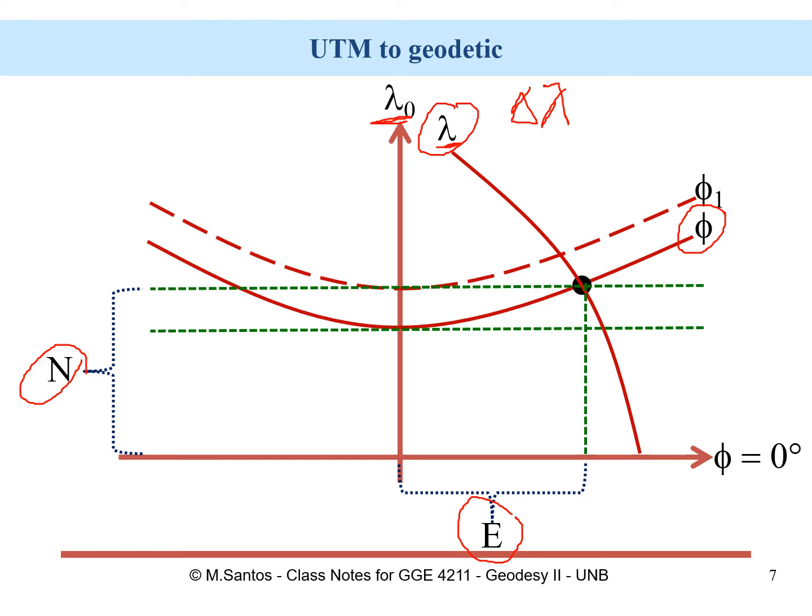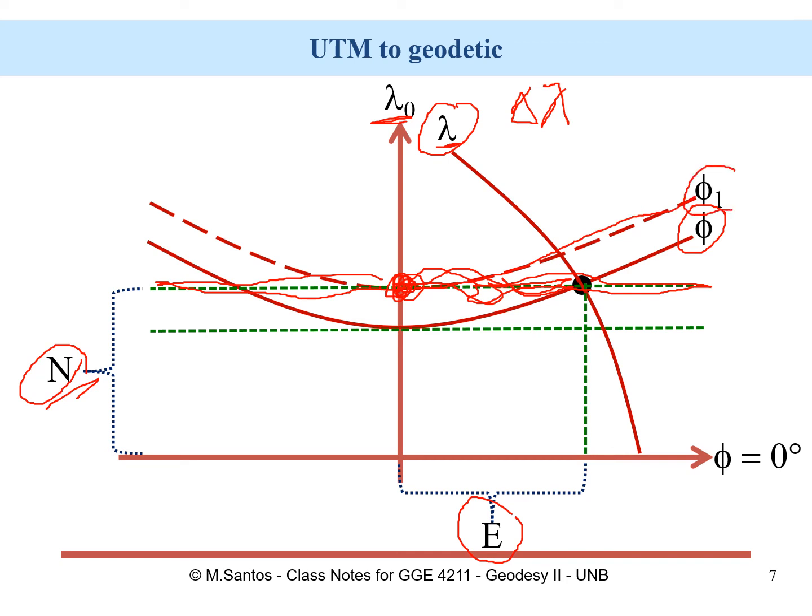Now, something that is interesting: if we project the latitude of the point on the grid, all these points in this curve, if I were a normal person, I would be drawing as a straight line. I just want to highlight that all these points have the same northing, which means that at this location, where the northing intercepts the central meridian, this corresponds to the latitude of a different point.